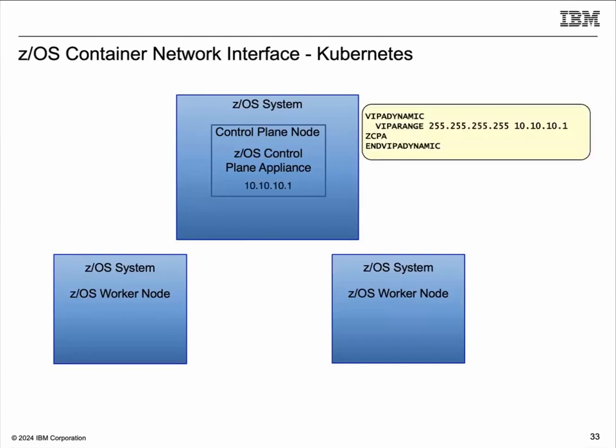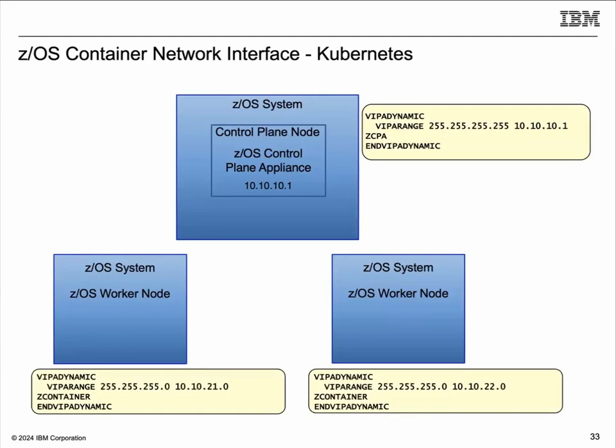One of the configuration pieces, though, is that we need to be able to assign an IP address to this control plane node. And so we're creating a new type of VIPA range statement called a ZCPA, or zOS Control Plane Appliance VIPA range. These IP addresses are reserved only for these appliances.